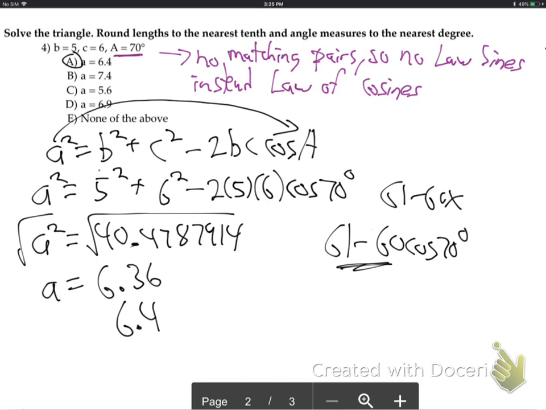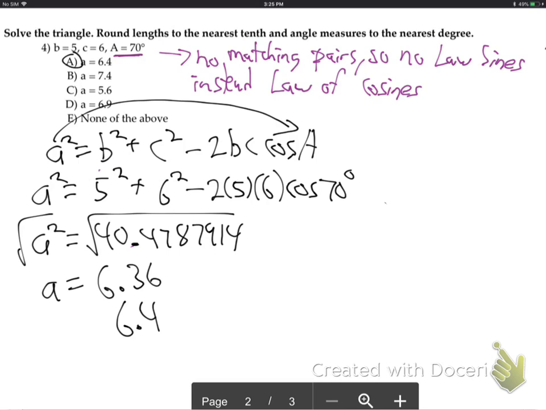No, I would just type this into my calculator. That's how I got the 40.478. Literally type that in: 61 minus 60 cos 70. A squared is already by itself on one side, and then I just root it. Okay, good. All right, let's move straight ahead.